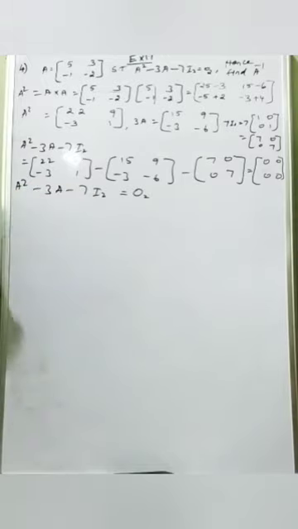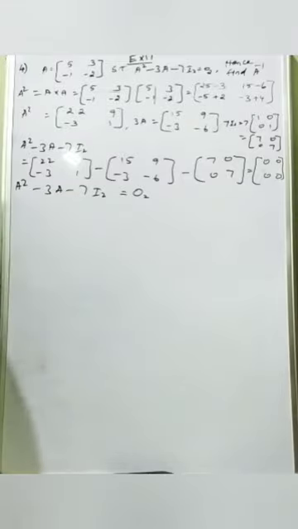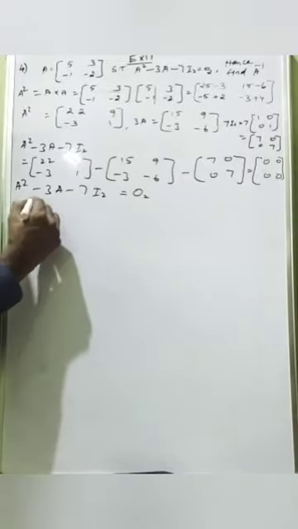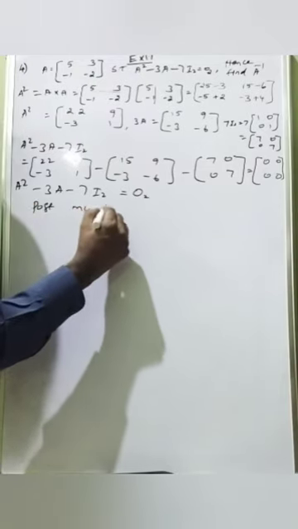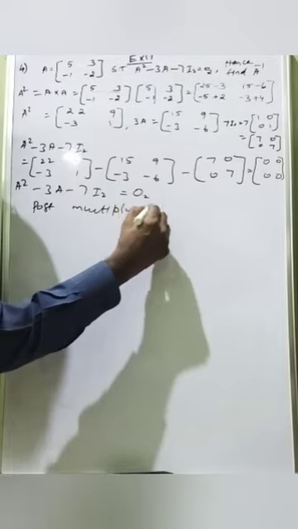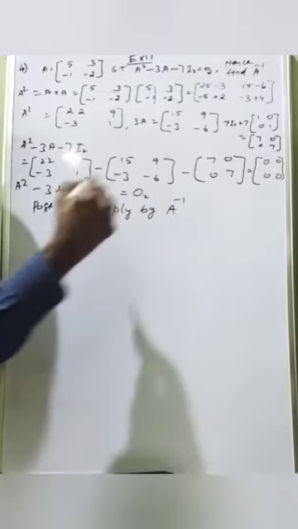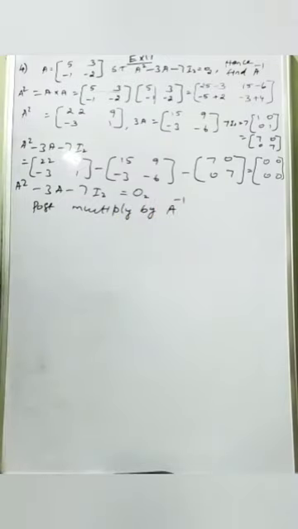After this is finished, you may get 2 marks, and then find A inverse. For that, the given equation is post multiplied by A inverse.